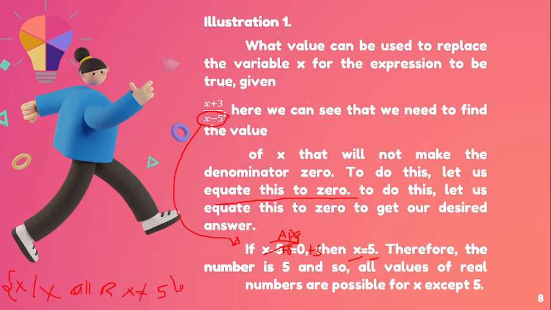This x cannot be equal to 5, because if x is 5, then 5 minus 5 makes our denominator 0. You can also write all real numbers except 5.